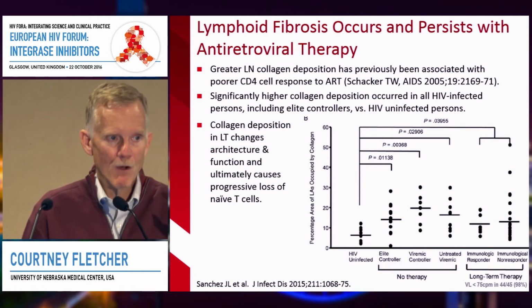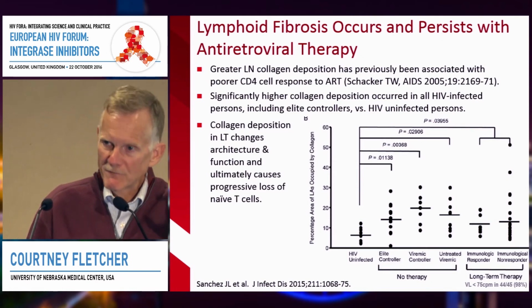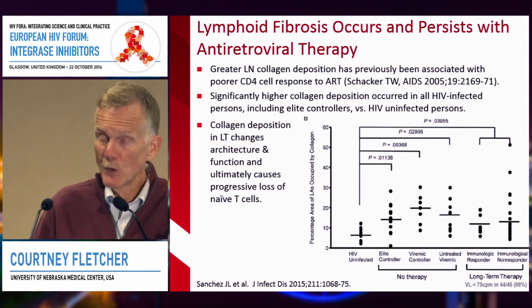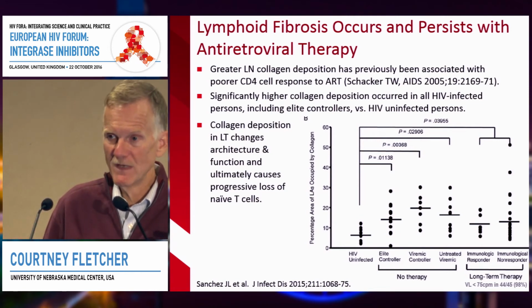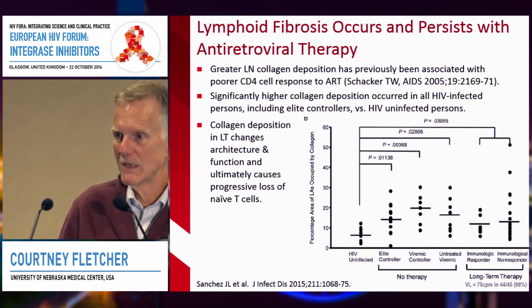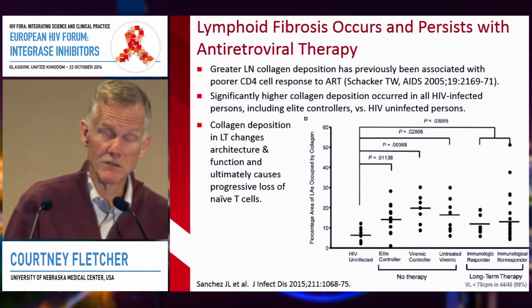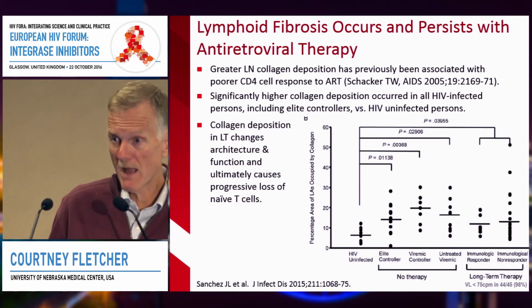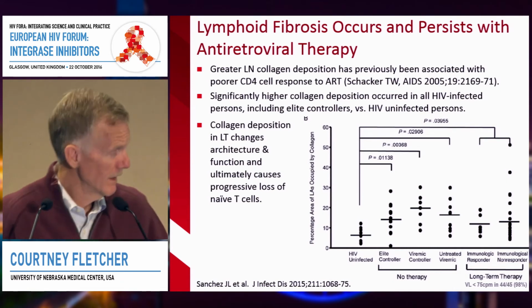Well, if flow is important, if blood flow, lymph flow is important in getting drug to an organ, if fibrosis, a pathophysiologic event related to HIV infection, begins to affect that, is that then going to influence penetration of drug into these tissues? This has not been studied, but I think it's a reasonable hypothesis for someone to explore.